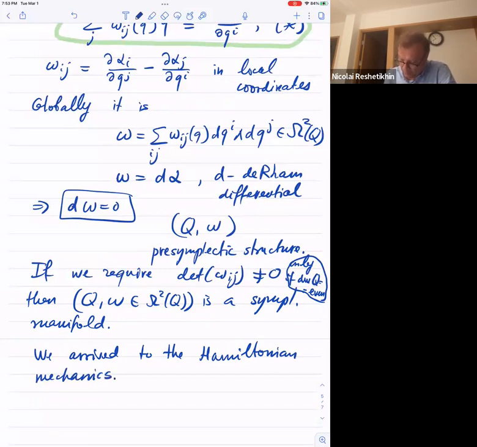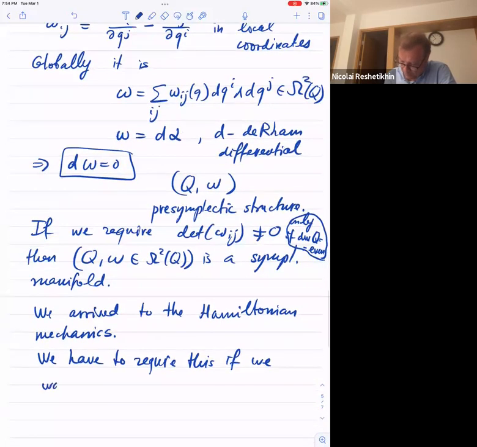And we have to require this if we want the existence and uniqueness of local trajectories.